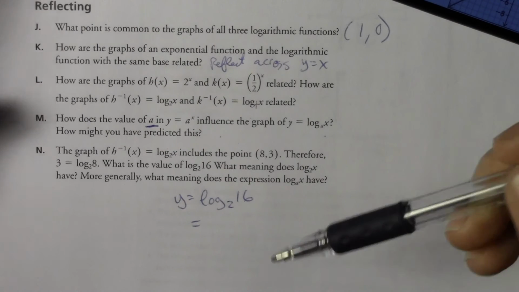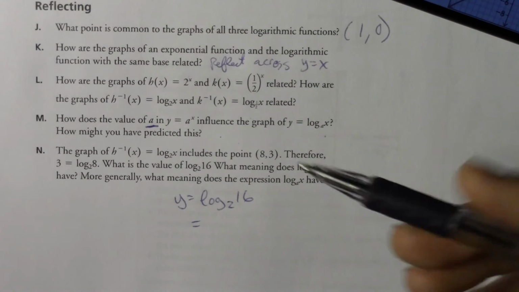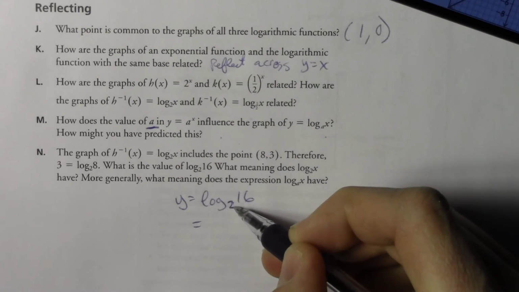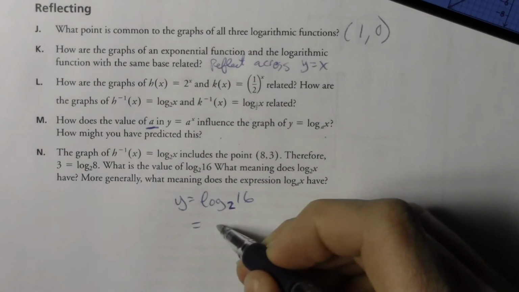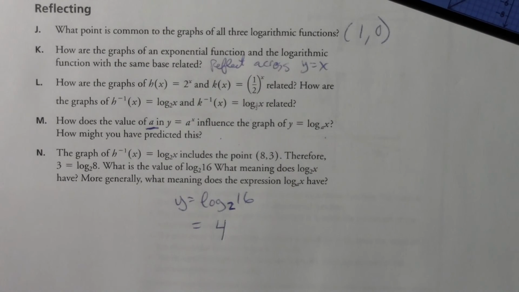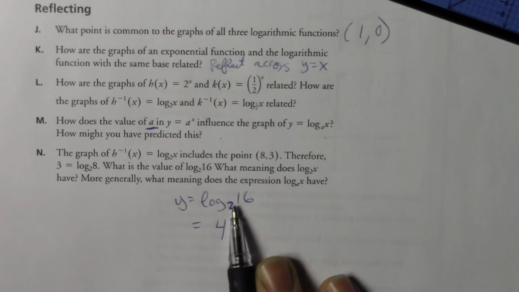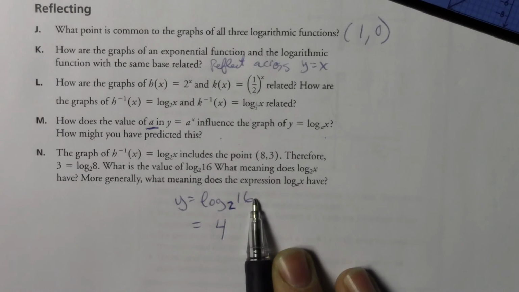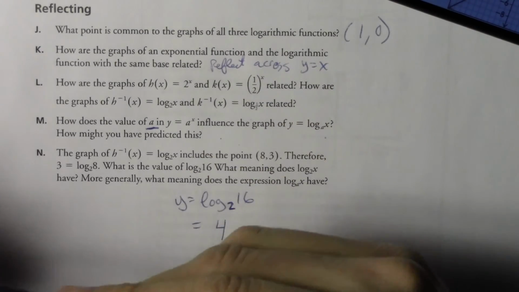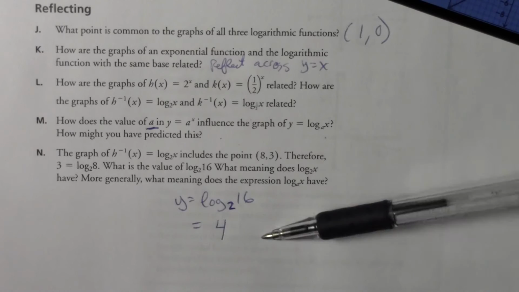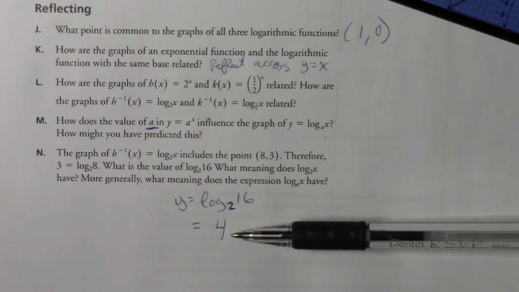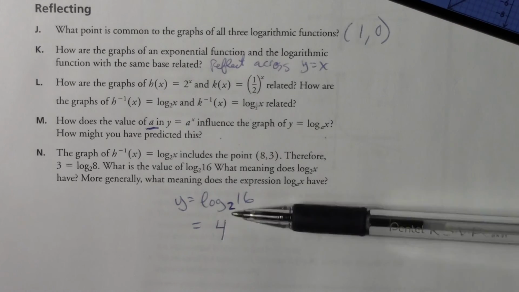Philip? 4. 2 raised to the exponent of 4. Very good. 16. Excellent. Okay? So 2 raised to the exponent of 4 is 16. Any questions about that? That's the definition of logarithms and how they work, okay? So if you understand that, just looking at that, that's great.